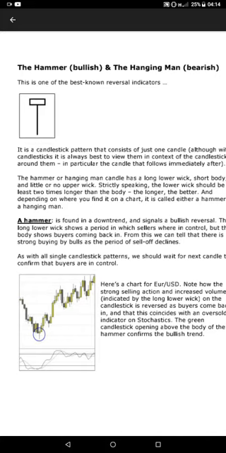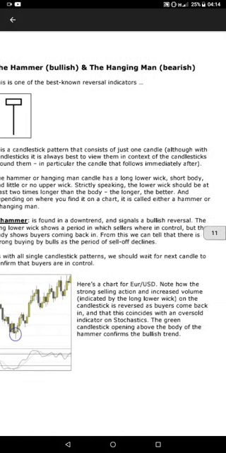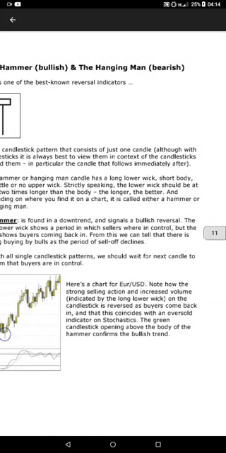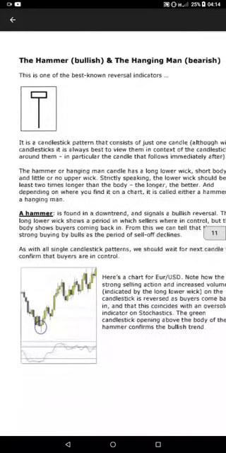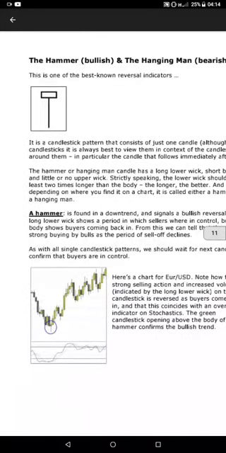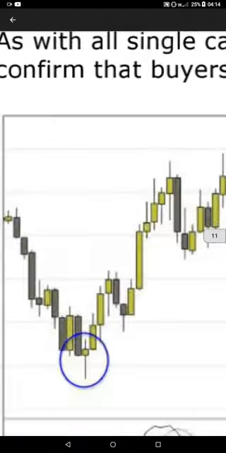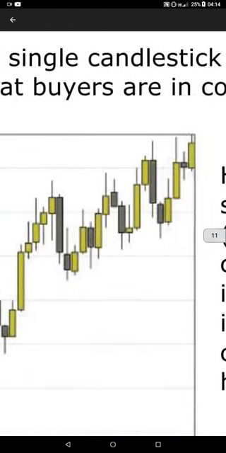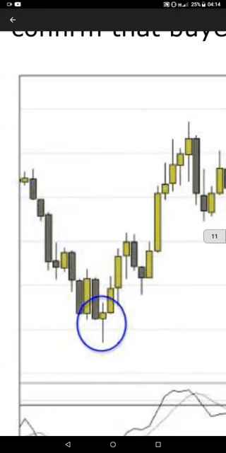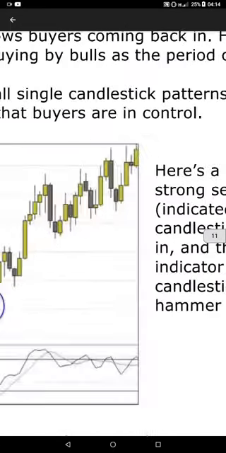Sorry, guys. As I've told you, I'm not perfect on pronunciation. As with all single candlestick patterns, we should wait for the next candle to confirm that buyers are in control, guys. As you can see here, we have a bullish one.